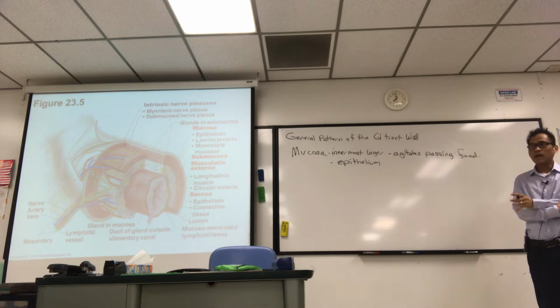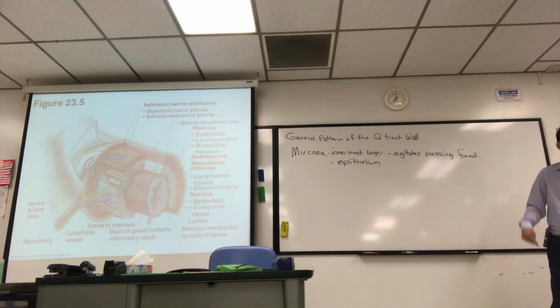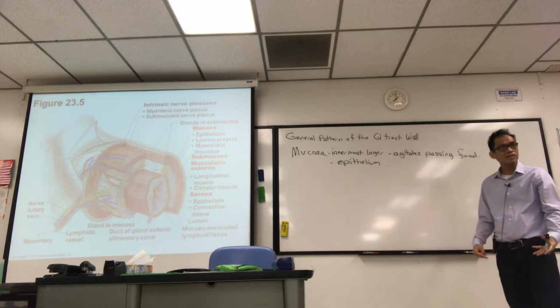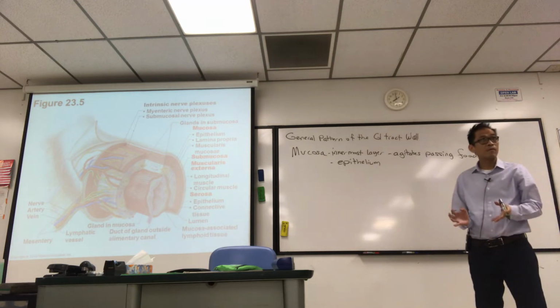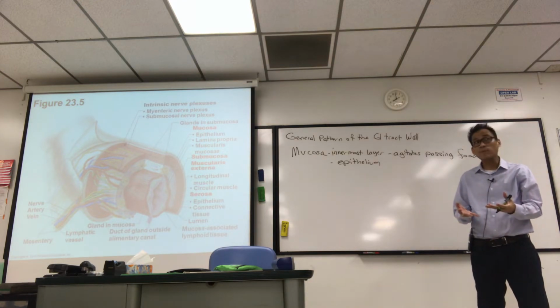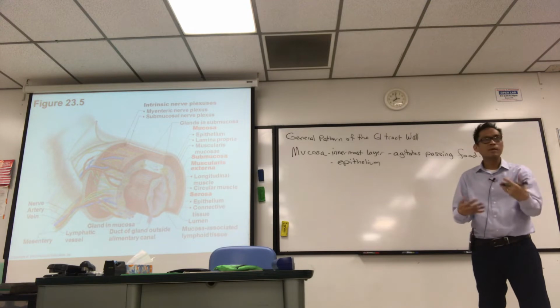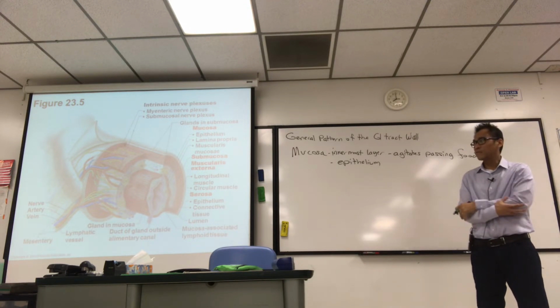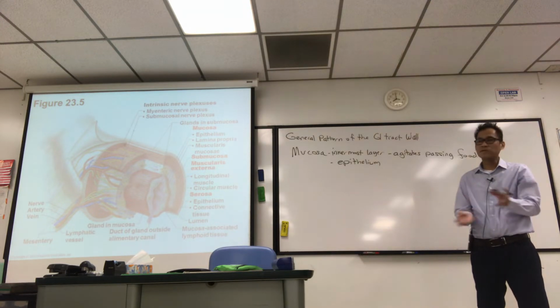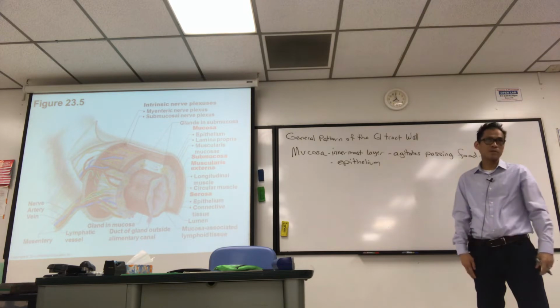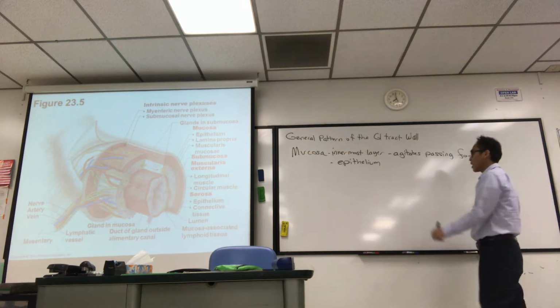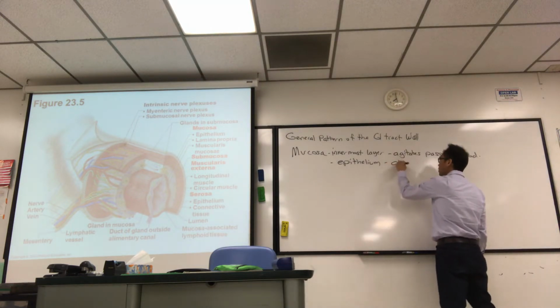Generally speaking, at the beginning and the end, the oral cavity and towards the anus, it's a stratified epithelium for protection against abrasion, because things are rubbing by it as food enters and food exits. Everywhere else is pretty much some kind of columnar epithelium for the function of secretion and absorption. So basically, for now, I'll just say the epithelium changes depending on function.